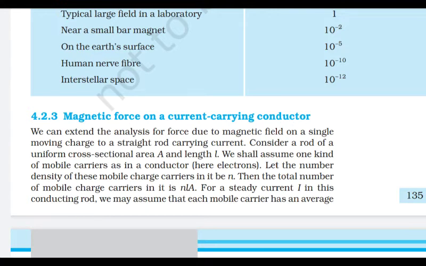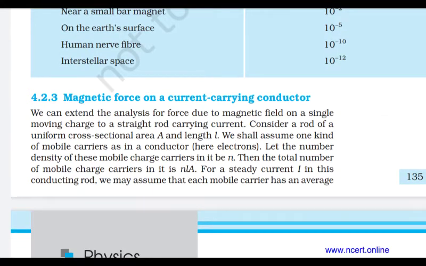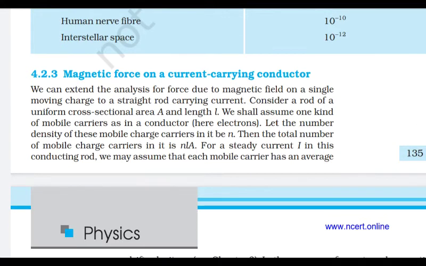Once Oersted had experimentally identified that whenever current flows through a conductor there is always a magnetic field around it, the direction of the magnetic field is given by two rules, if you remember from class 10: Maxwell's right hand screw rule or cork screw rule.